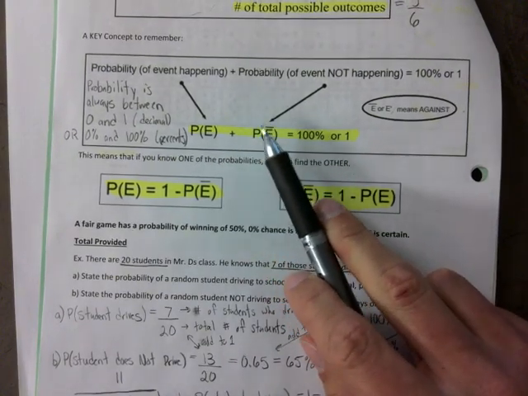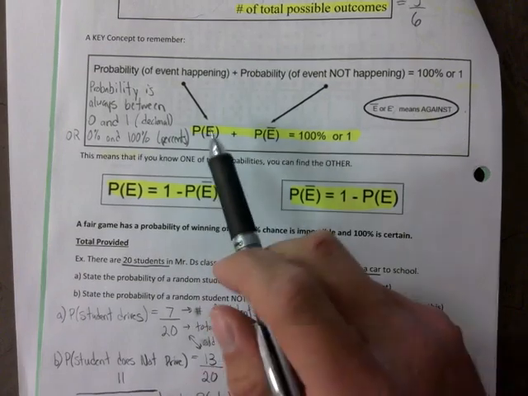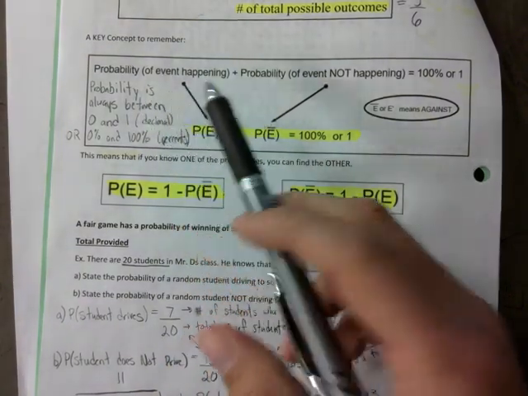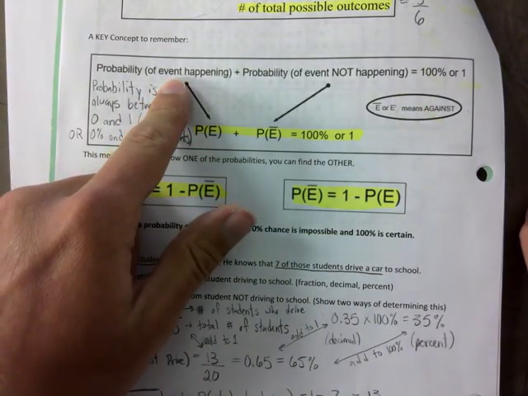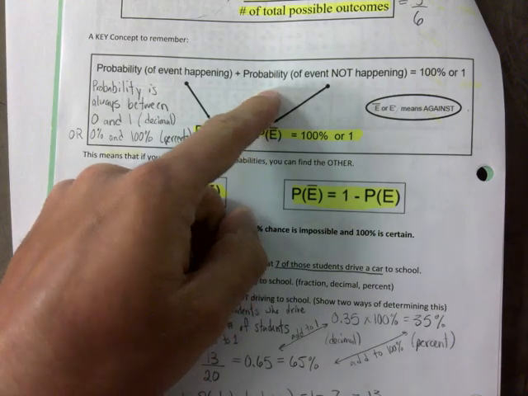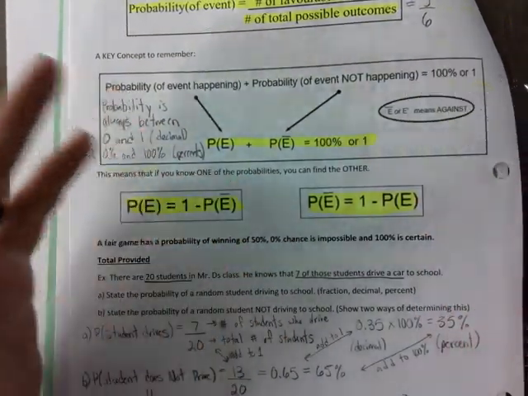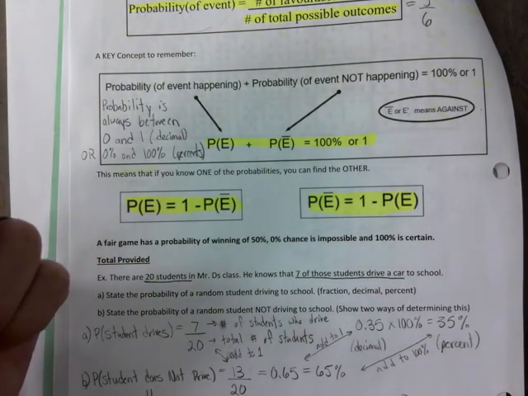And this characteristic gives us this equation here. If we look at the probability of an event happening, and we add the probability of that event not happening, that adds up to 100%. You can either roll a 6 or you don't roll a 6.